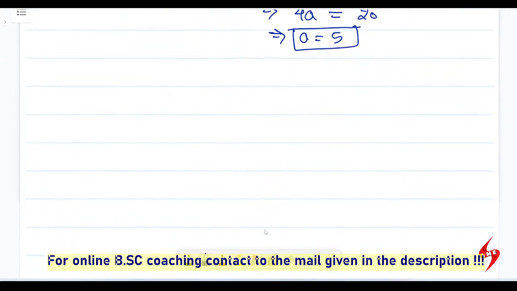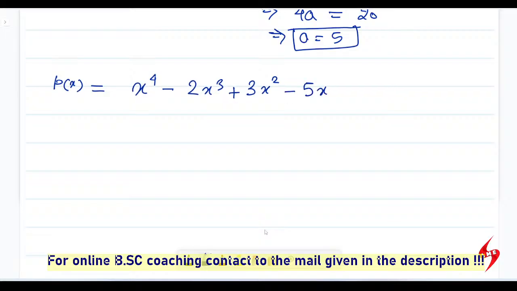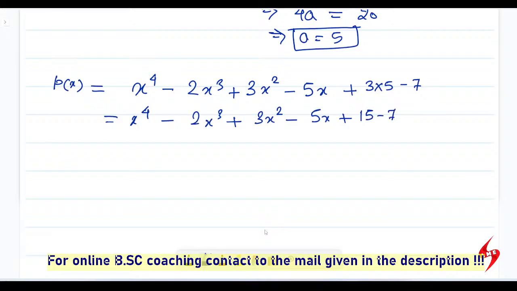So the remainder will be, we should write the polynomial here, x to the power 4 minus 2x cubed plus 3x squared minus 5x plus 3 into 5 minus 7, that is x to the power 4 minus 2x cubed plus 3x squared minus 5x plus 15 minus 7.